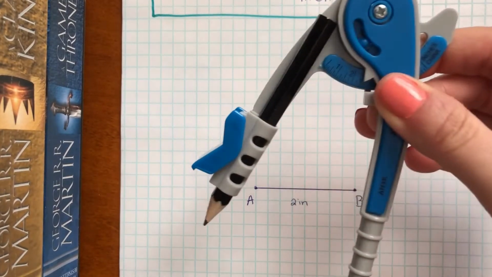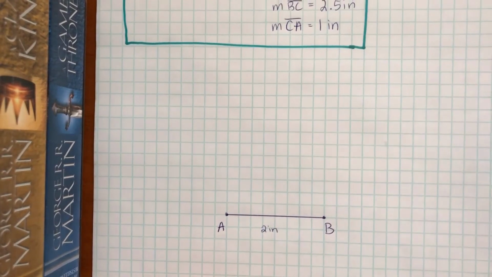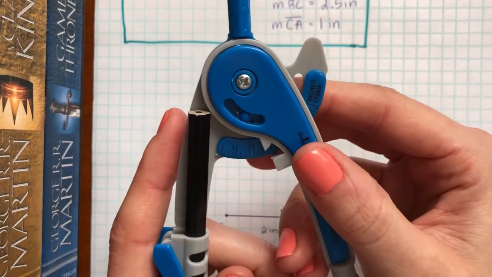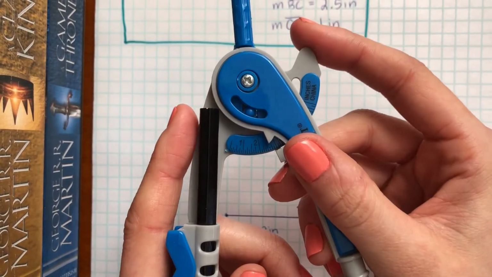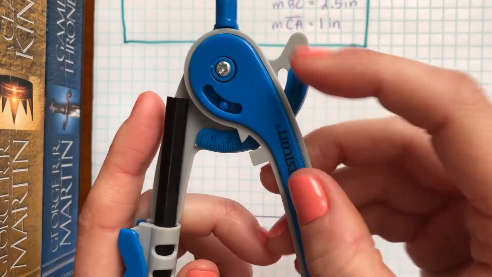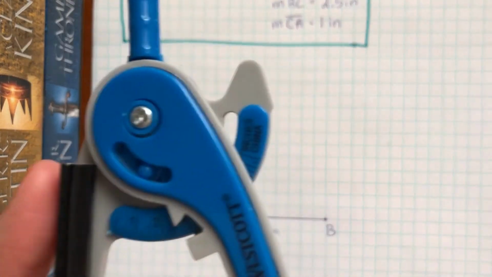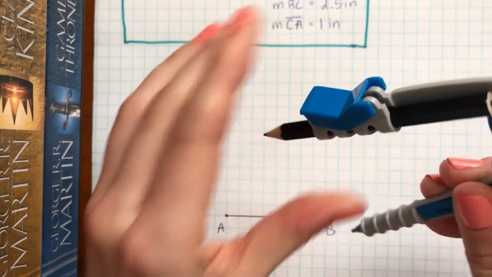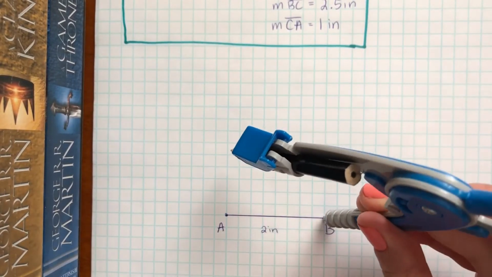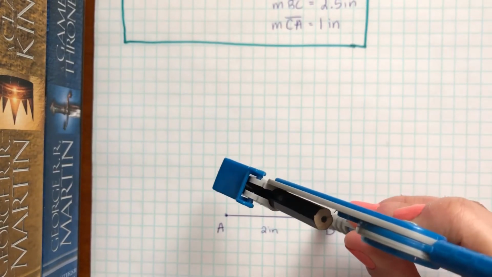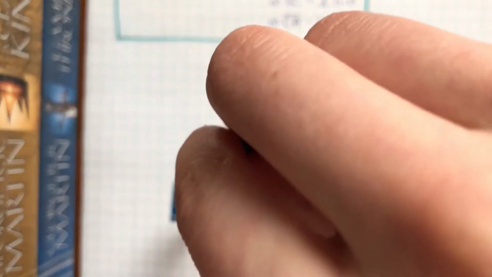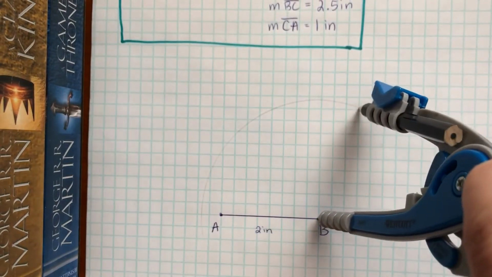I need my compass. So remember in my last video I said that you could set a length on your compass. So the first length I'm going to set is 2.5 inches. Oh, I'm already set at 2.5 inches. And that's going to allow me to draw a whole bunch of points that are 2.5 inches away from point B. So I'll make a big long arc.